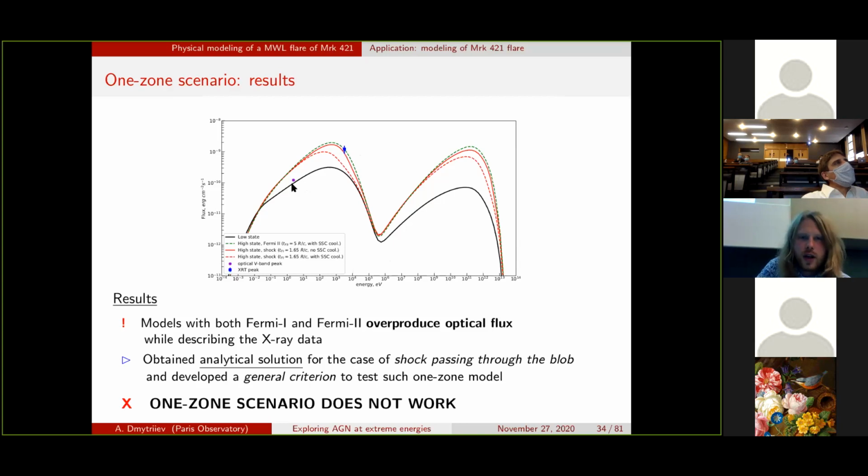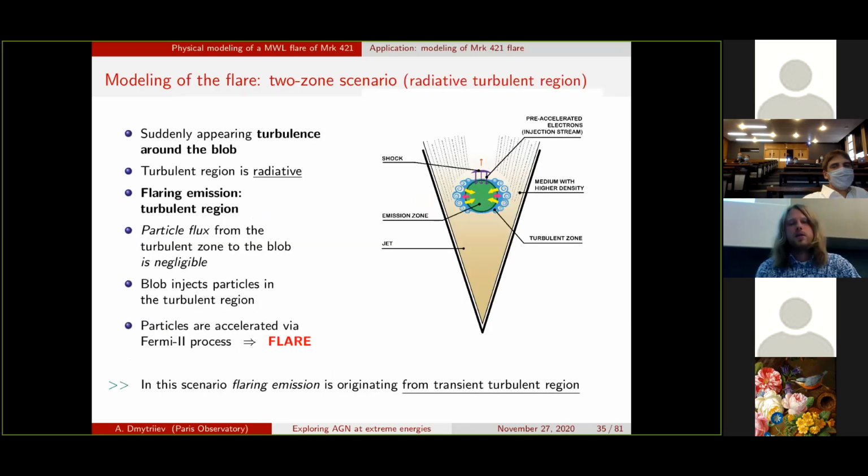You can see the increase in optics is very modest, and the increase in X-rays is quite significant, a factor of 5, 6. So while the one-zone models describe the X-rays, they completely overproduce the optical emission by a factor of 3. So we conclude that this model is too simplistic to describe the flare.